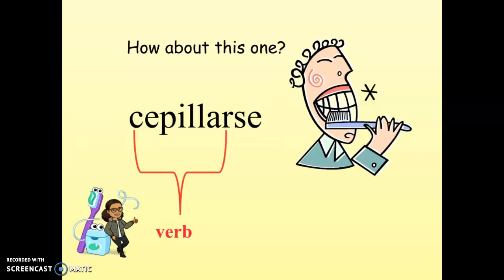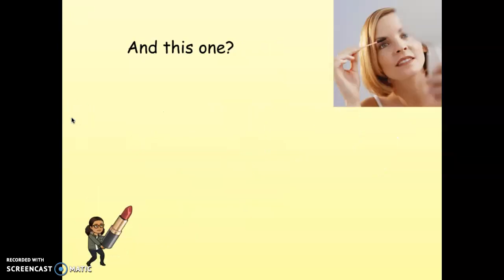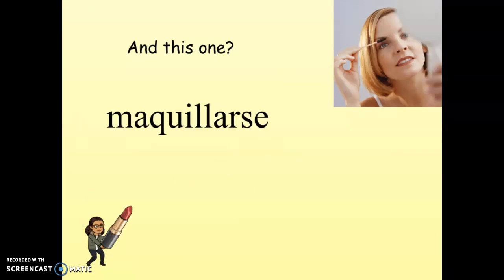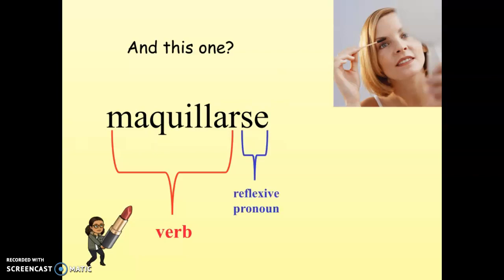Cepillar is the verb infinitive, an AR verb, and se is the reflexive pronoun. Another one that we saw in the vocabulary list is maquillarse. Maquillar is the infinitive verb. It's an AR verb, and se again is the reflexive pronoun for that verb. These were just some of the examples of the many we saw in the vocabulary list for this chapter.